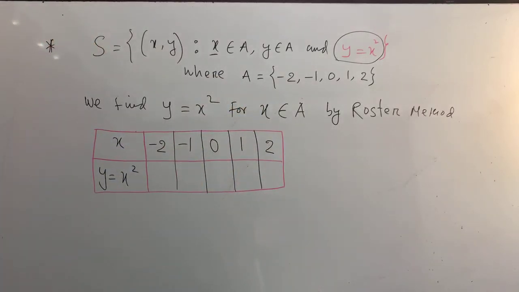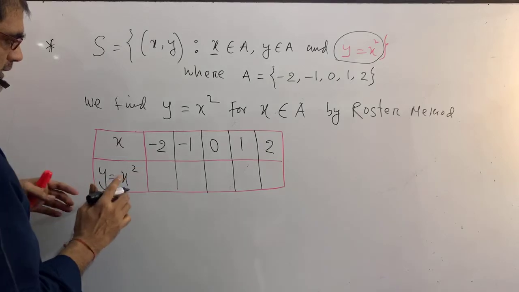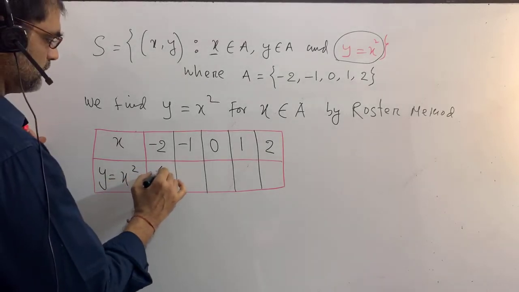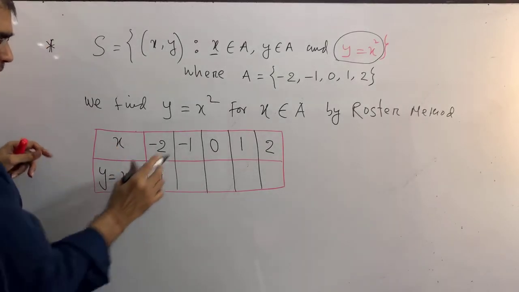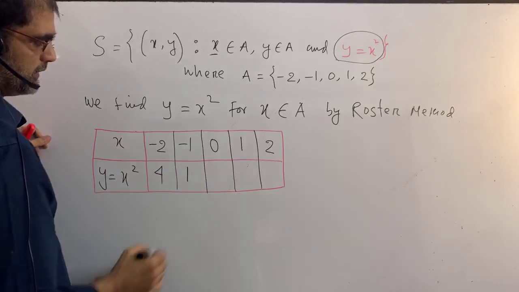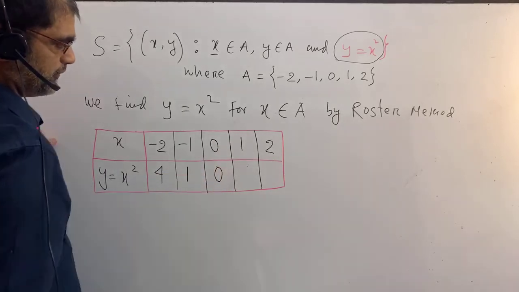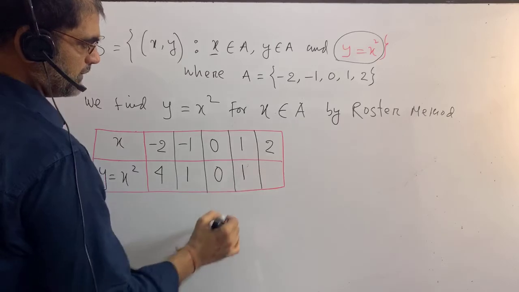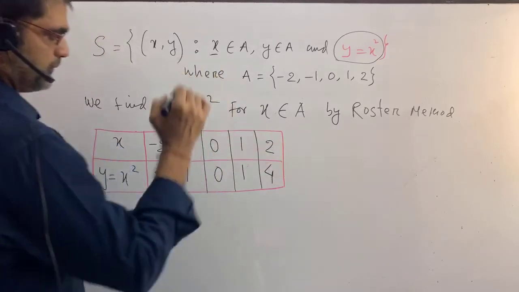Okay. Y equal to x square, that means square of -2 is what? Square of -2 is +4. Here it is 1, here it is 0, here it is 1, and here it is 4, right?